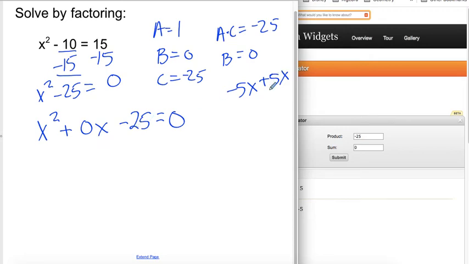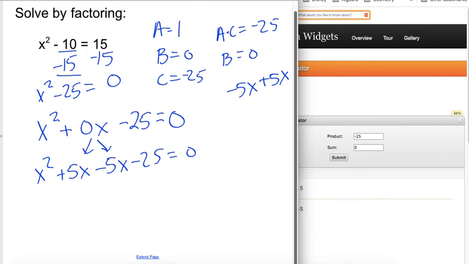I'm going to have the positive one be first because this x squared is positive, and I'm going to have the negative one second because this is a negative 25. So we've got x squared plus 5x minus 5x minus 25 equals 0.